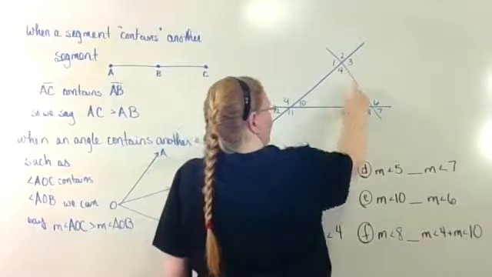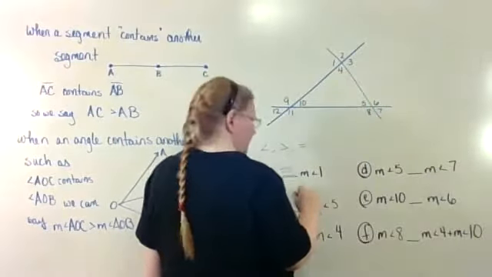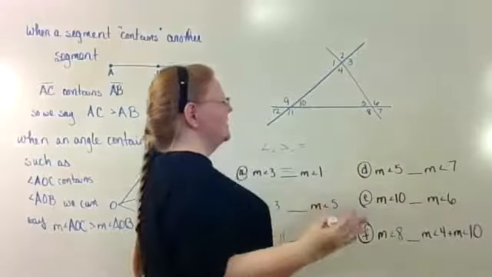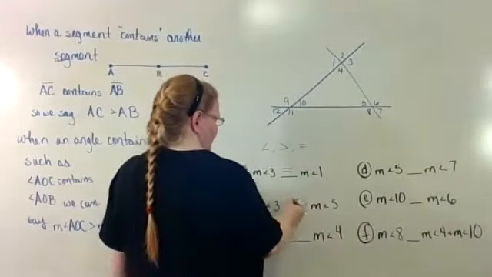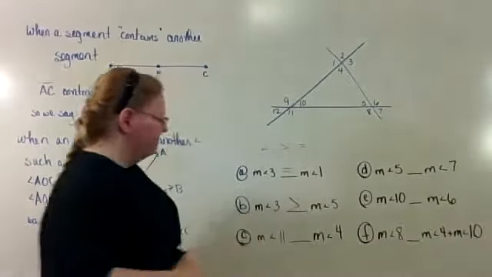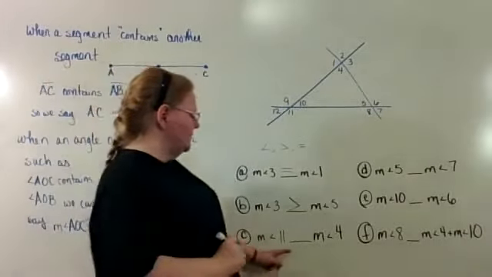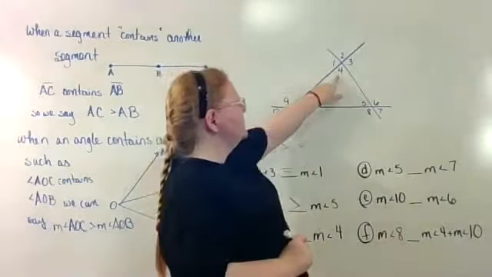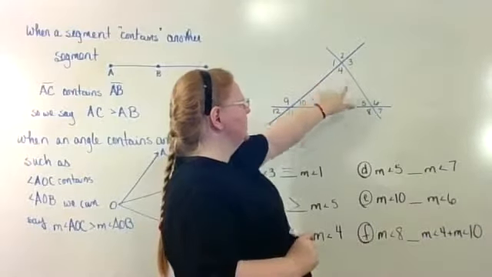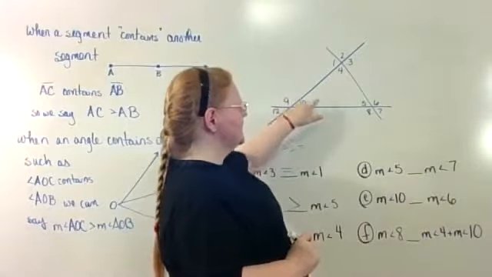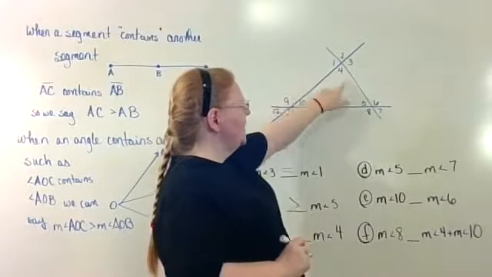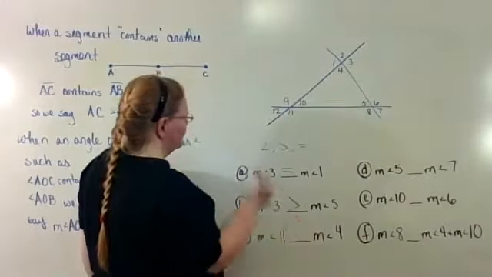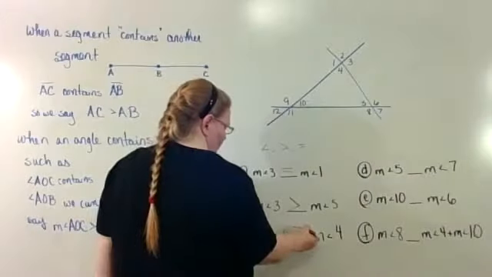And since 10 and 5 add up to equal 3, that means that 3 must be bigger than 5. 11 and 4. 11 is an outside angle. 4 is an inside angle, remotely, not beside it. So that means that 4 and 5 must add up to equal 11, which means that 11 must be bigger.